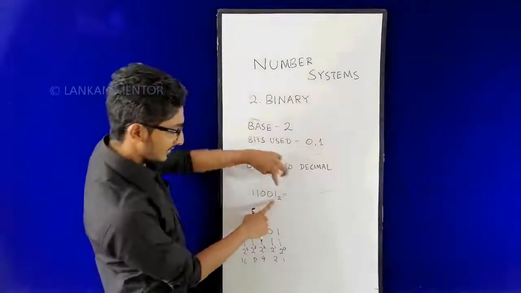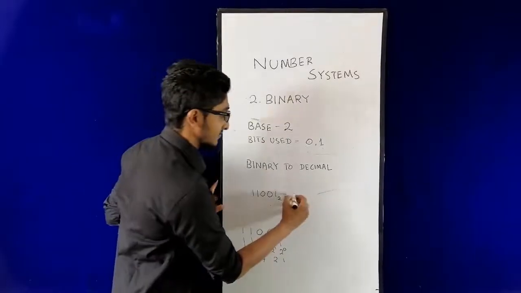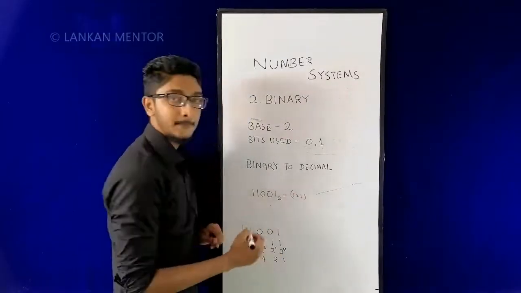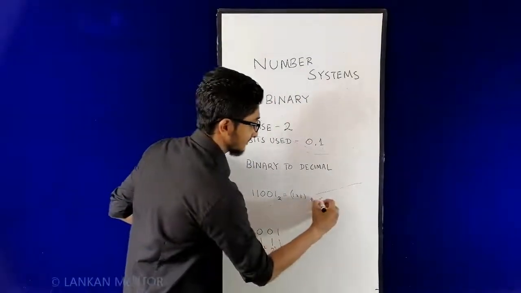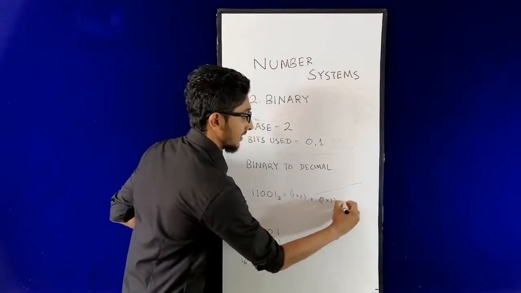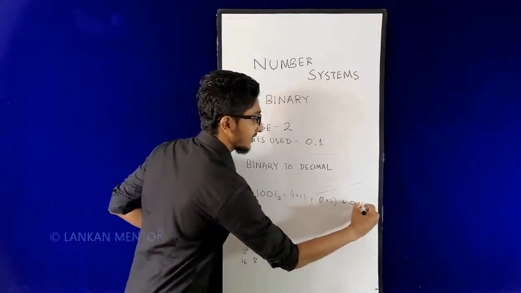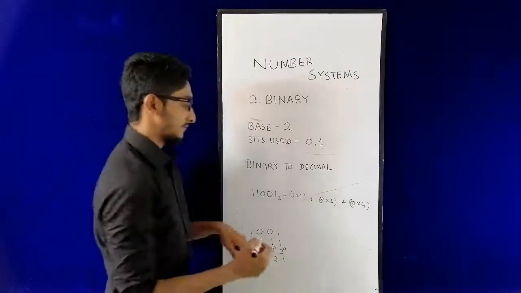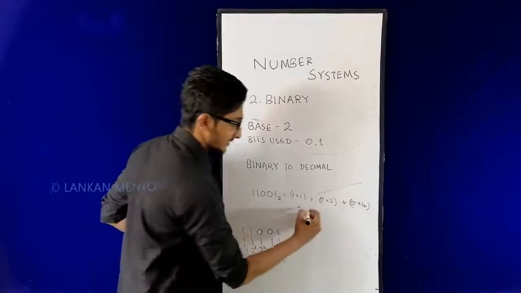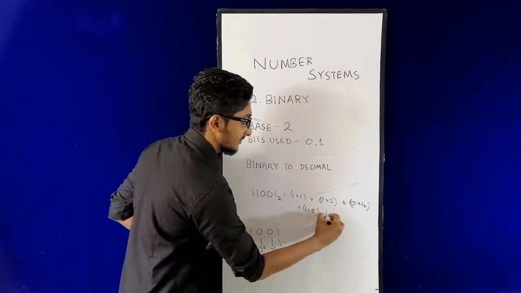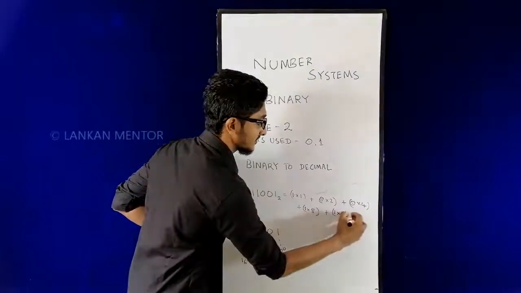Okay. Now there is 1 over here. 1 means here is also 1. So 1 into 1 plus 0 into 2, plus 0 into 4, plus 1 into 8, plus 1 into 16.